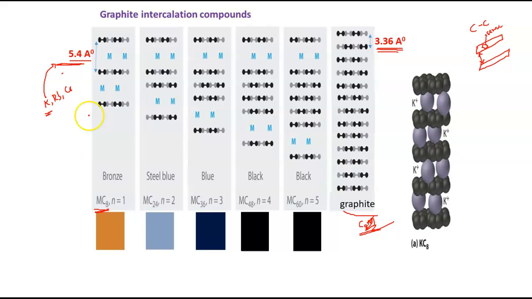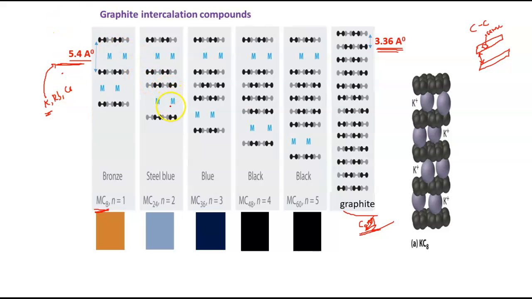The structures of compounds formed at other stages of intercalation are arrived at by varying the frequency of occurrence of intercalated layers containing alkali metal atoms in the host lattice. So the second stage, third stage, fourth stage, fifth stage intercalation compounds, etc., will be formed by varying the number of layers between each of the alkali metal layers.